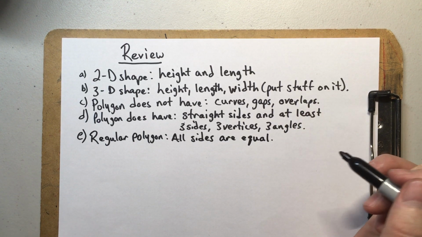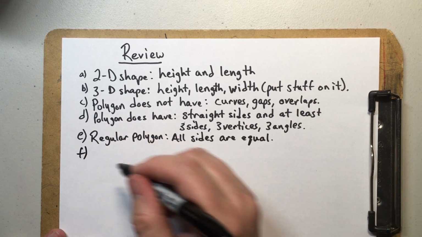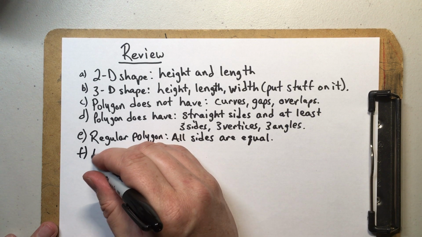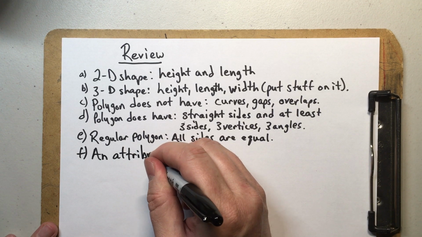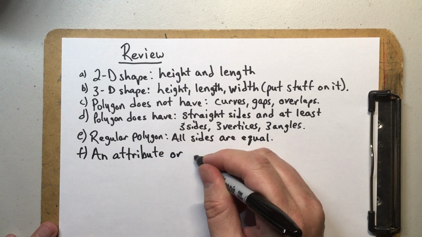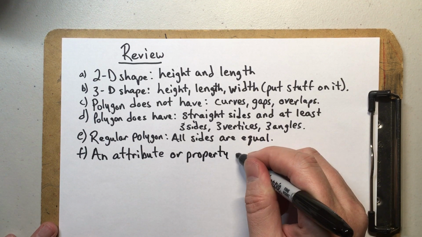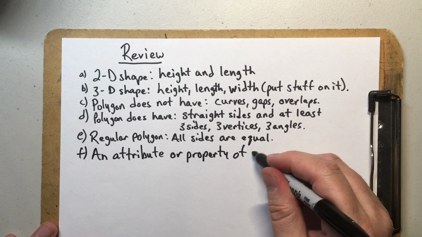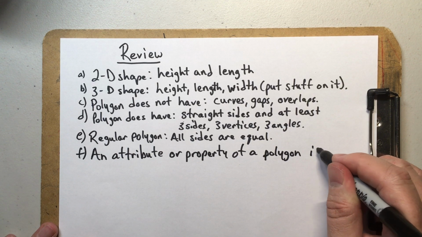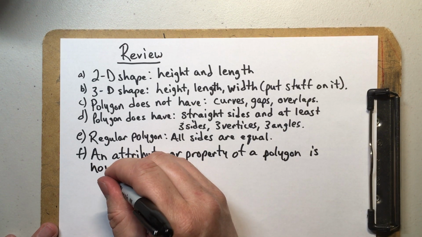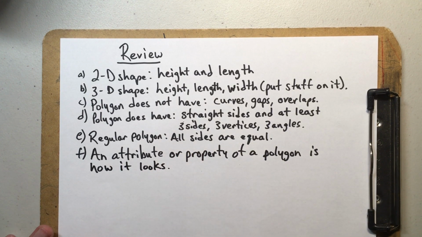And remember that an attribute or property, they're synonyms, of a polygon is how it looks. It gets much deeper than that, but for now, just remember that.